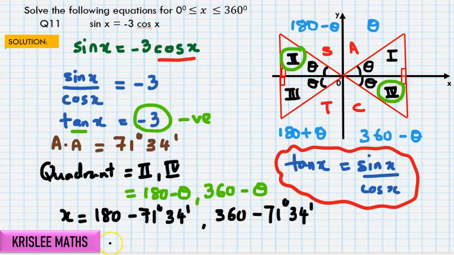Simplify this and you will get the value of x. The first value will be 108 degrees 26 minutes, and the other value will be 288 degrees 26 minutes. So these are the possible values of x for question 11. Just remember, tangent can also be written as the ratio between sine and cos, so tangent x equals sine x over cos x.